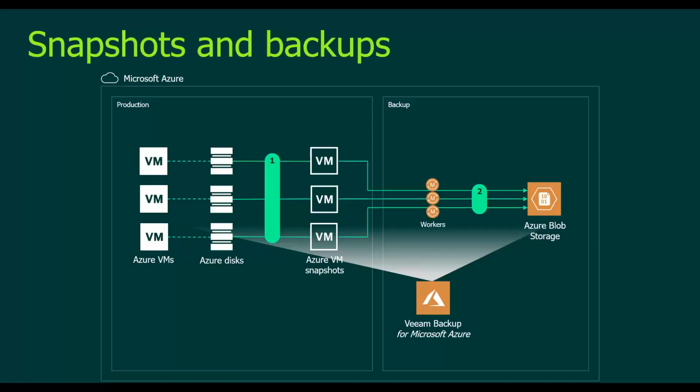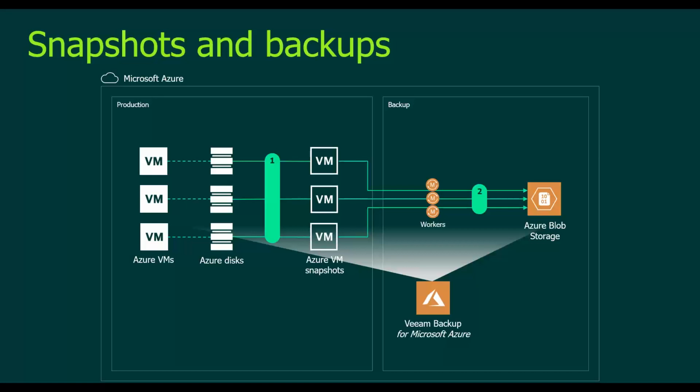So looking from an architecture perspective, it's pretty much the same picture as with AWS. Different terminology, different names, but we make backups of Azure VMs. Those Azure VMs have attached managed disks. Those managed disks, we take snapshots of those. If that's fine, just leave it there. We can convert those snapshots to Azure Blob, and we do that by starting up a worker. It's a small VM.